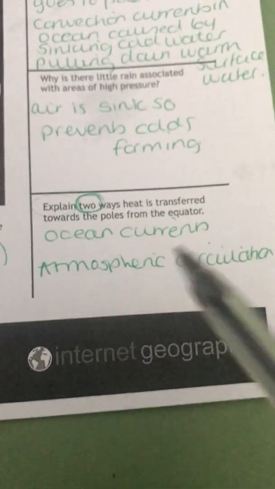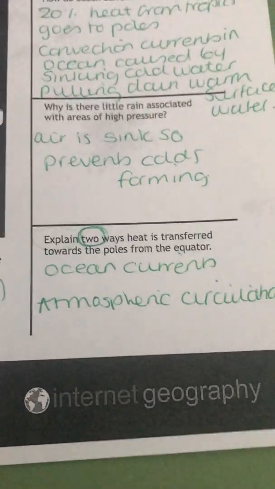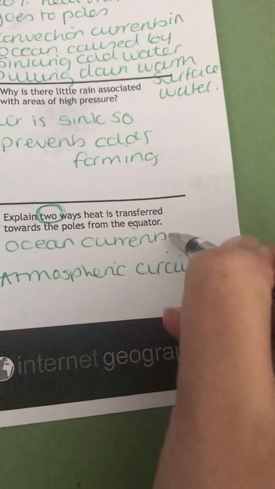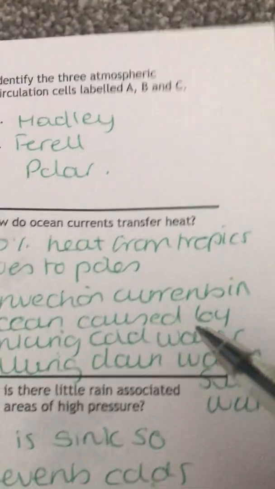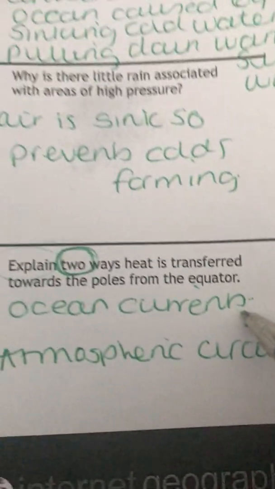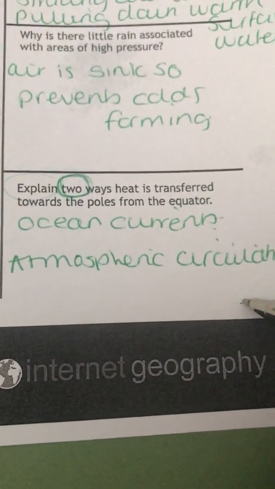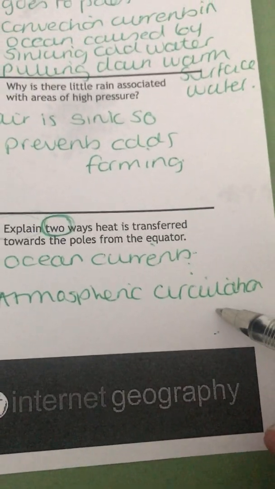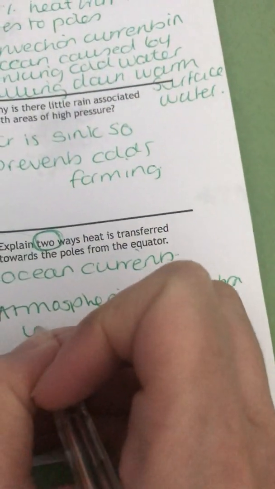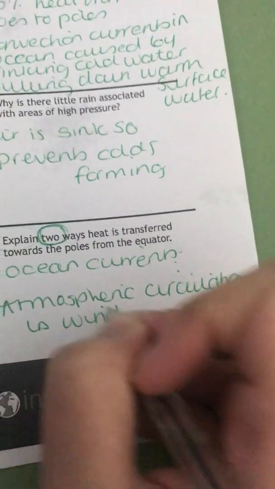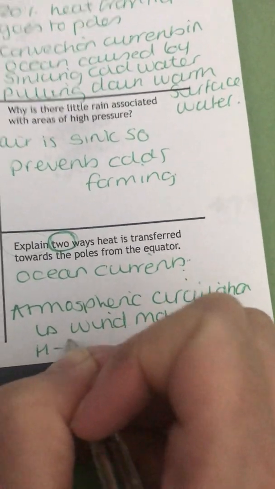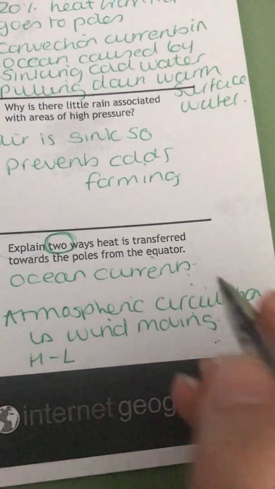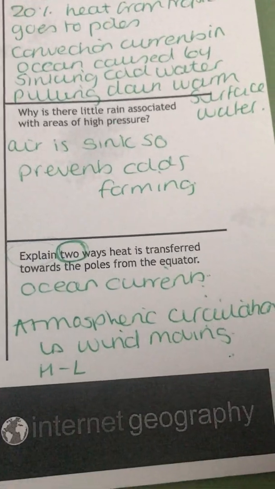Now I don't think there's enough space in that box to explain, but basically you needed to be able to say how ocean currents transfer heat, which if you've done this right, you've already done, and then how atmospheric circulation transfers heat. Okay, so for this you need to say that it is the wind moving from high to low pressure, okay, transferring the heat.